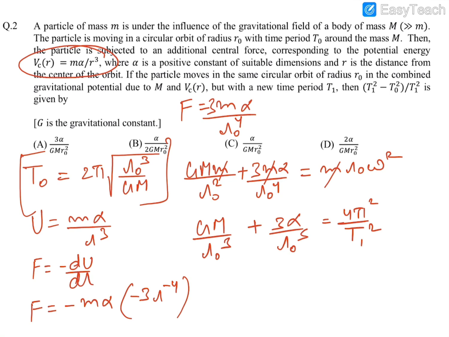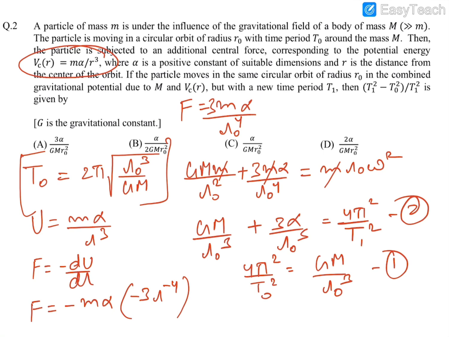Okay, so this is the second equation, and we know that 4 pi square by t0 square will be equal to GM by r0 cube. This is the first equation. This equation is being written from this one.